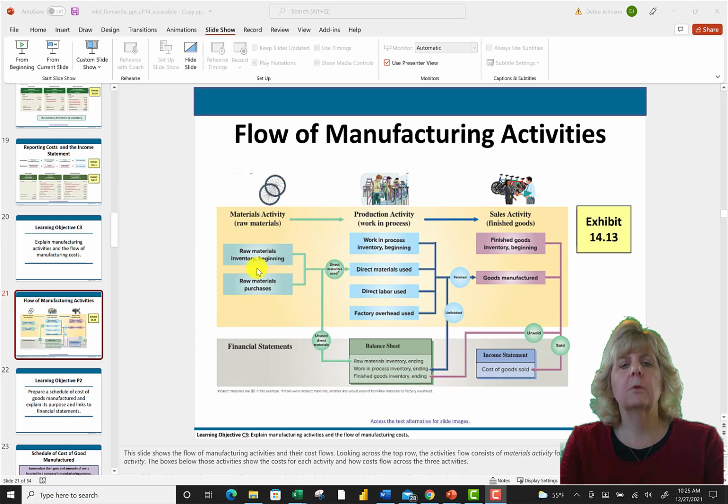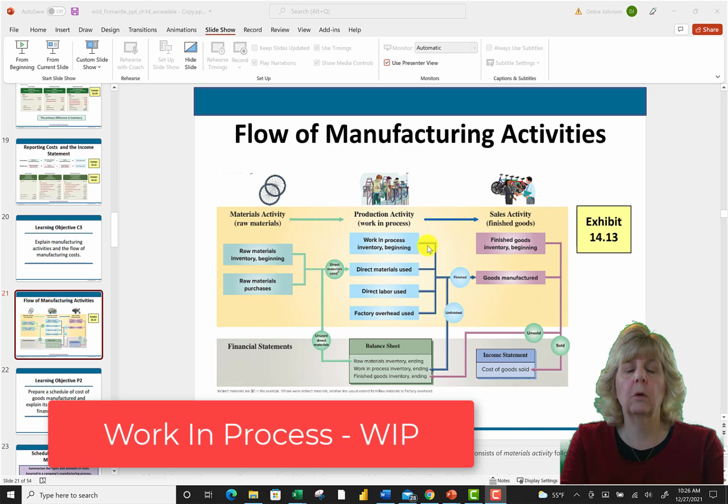In this chapter, we're going to assume that most of our raw materials are used on the production floor. And we're going to introduce this new account to you called work in process, or you'll hear me refer to it as WIP.